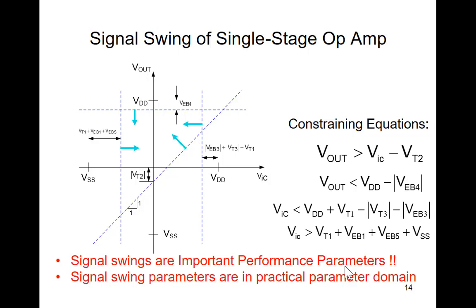They're not in terms of W over L's. They're not in terms of quiescent currents. They're in terms of the practical parameters that we've identified: VXS bias 1, VXS bias 3, VXS bias 4, and VXS bias 5. Is that interesting? Or is it just a curiosity? I didn't work for it. They naturally come out in this form.